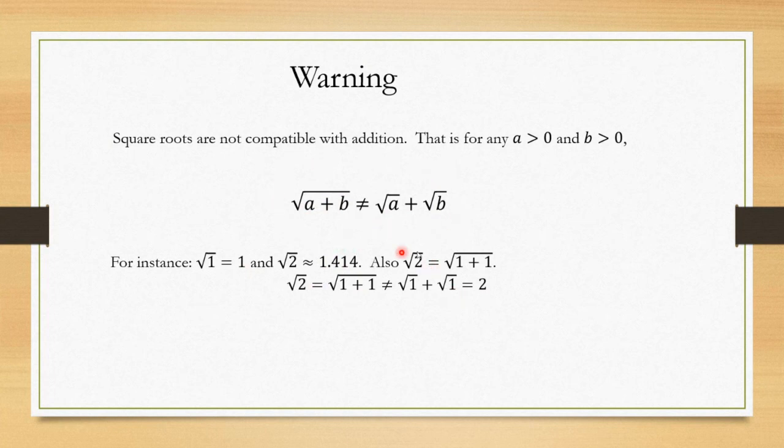So this is not true for all positive A and B. I'm just trying to illustrate that. Again, you just take A and B to be 1, for instance, although any two positive numbers will work, and you'll see that these two are not equal.